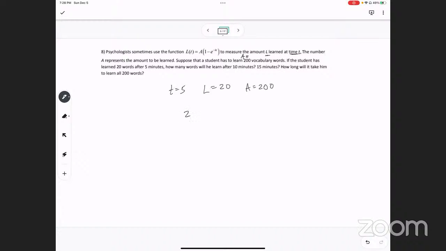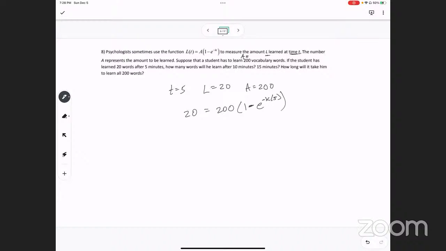So let's plug this in. 20 equals 200 times 1 minus e, that's not a variable, that's a number, right? Minus K to the T, which is 5. So we can solve this for K and then rewrite that in our equation and then plug in the other numbers of minutes. Does that make sense?